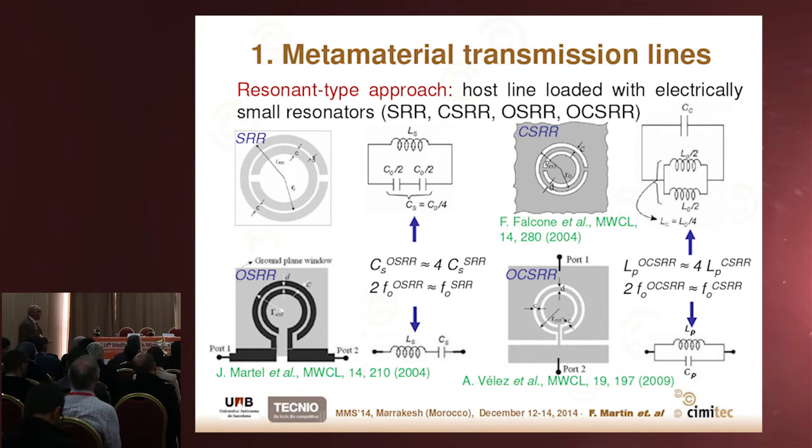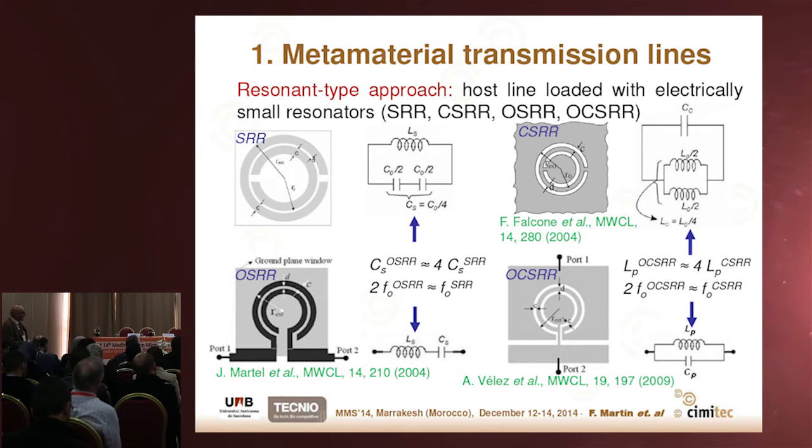And the reason is the fact that the capacitance of these structures is essentially the edge capacitance of the whole circumference. So it means that it is 4 times larger than the capacitance of the SRR, and hence the resonance frequency is half. Similarly, we can obtain the open complementary split ring resonator from this topology, by applying duality or complementarity to this topology as shown here.